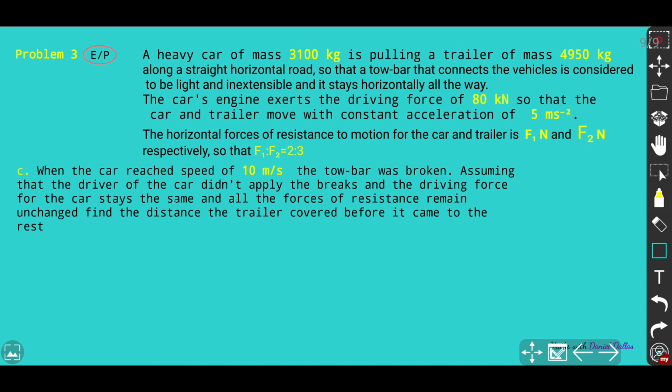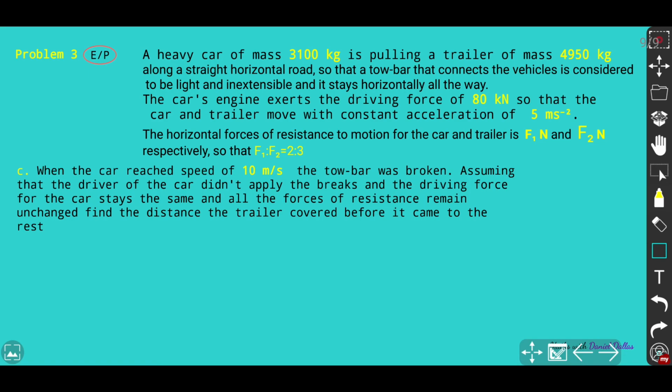Because it lacks tension force, he should feel that it accelerates. The driver should feel this, as in reality he is accelerating because there is no tension force once the tow bar was broken.